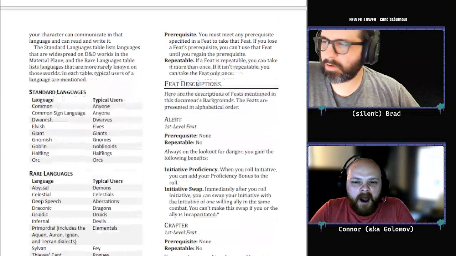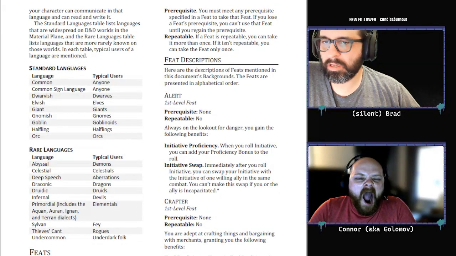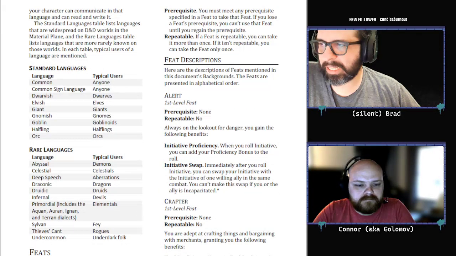So scrolling down into these languages, Common Sign Language.